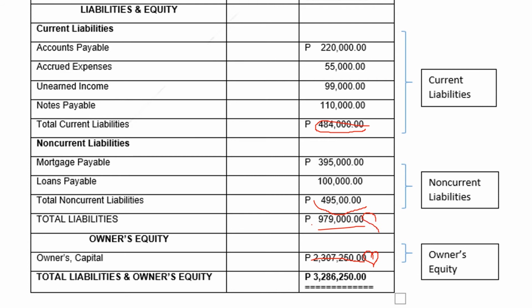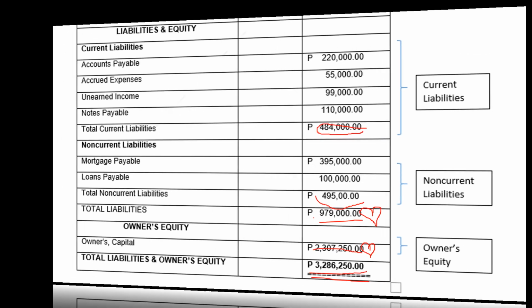So we will add this one and the other one, so we have a total amount of 3,286,250. And same rule with the total assets: total assets and total liabilities plus owner's equity should be double ruled. Kumbaga dalawang linya. Meron silang mga tigdadalawang linya. Okay, and then we will proceed.